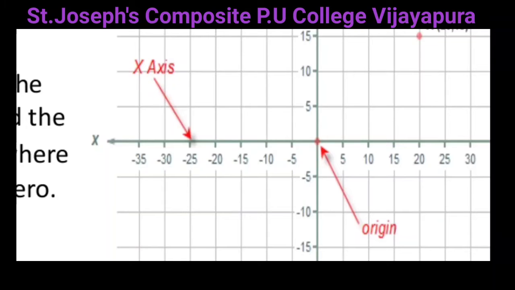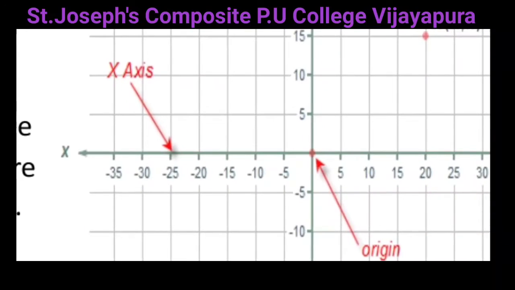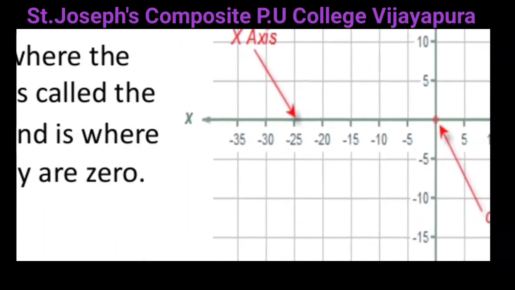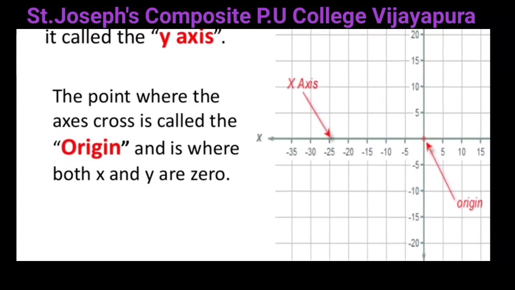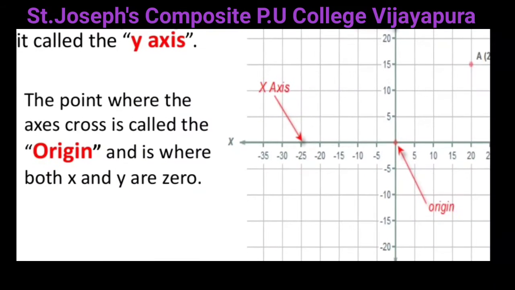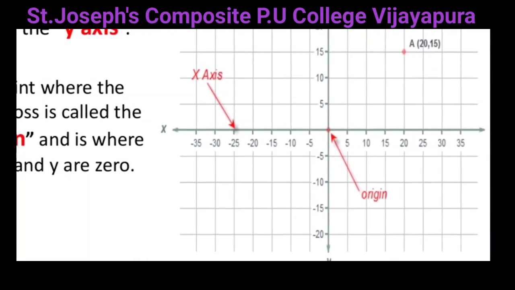So these two lines, the x-axis and y-axis, are both perpendicular to each other at 0, and this point is called the origin. The point where the axes cross is called the origin, and it is where both x and y are 0.